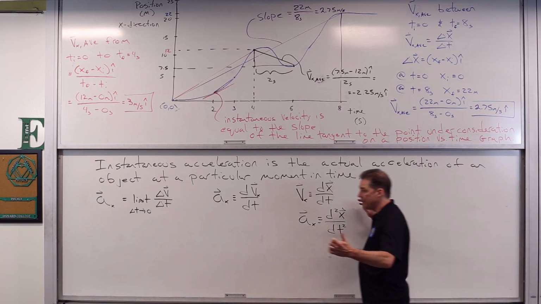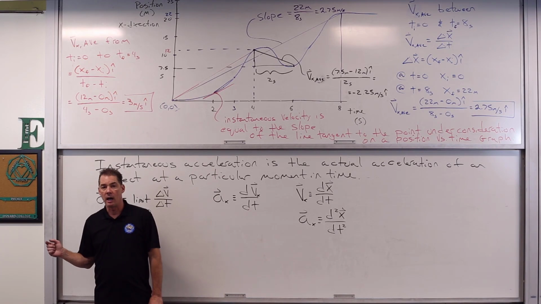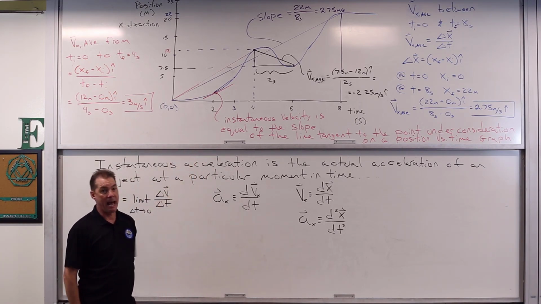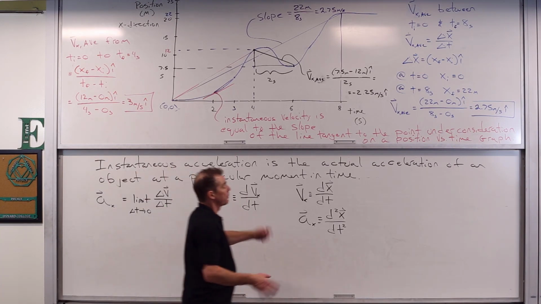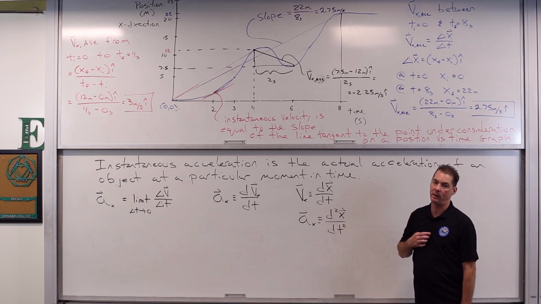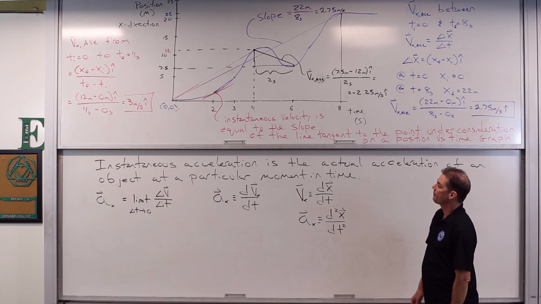And we can shrink down those 2 points in time to be very, very small and approach the instantaneous acceleration by taking the slope of the line tangent to the point under consideration on the velocity versus time graph. So it follows the same sort of characterization.